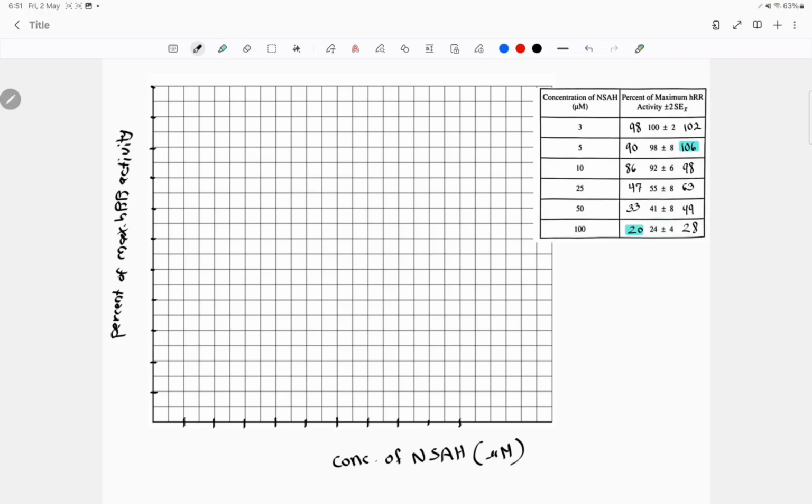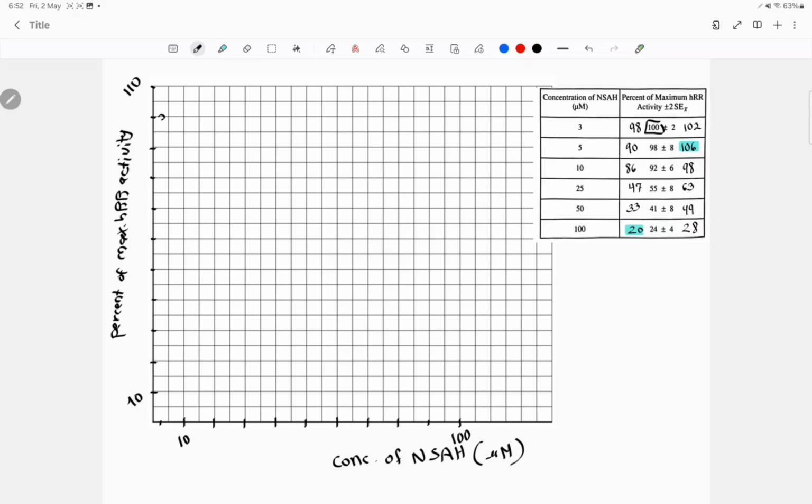So 10 all the way to 110. And this one is going to be 10 to 100. So, when it's 3 for the concentration, it's 100 for the activity. So 3 is here, and 100 for the activity is here.